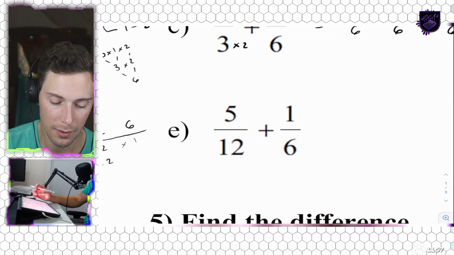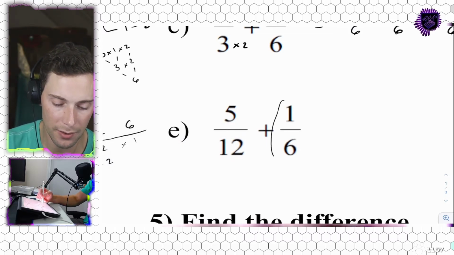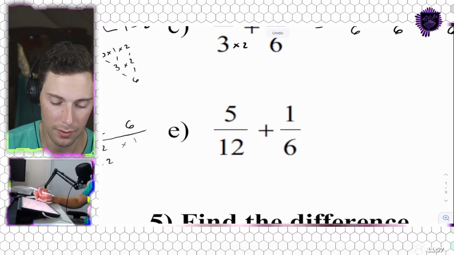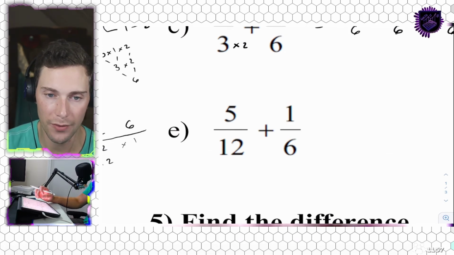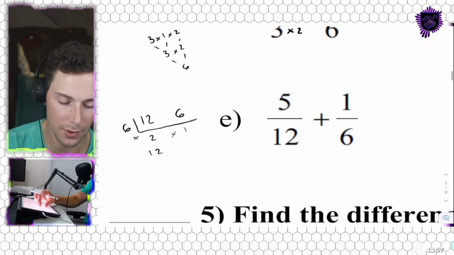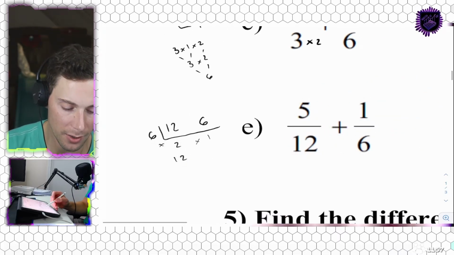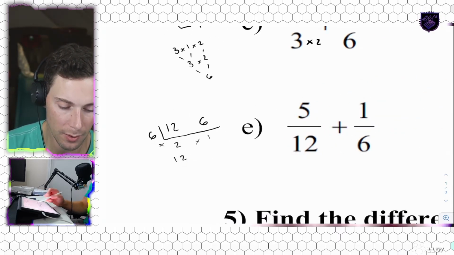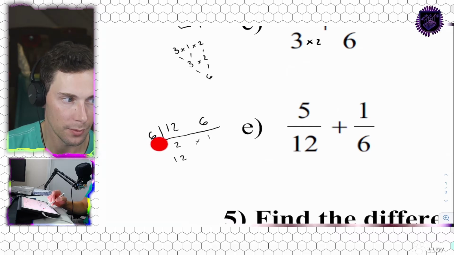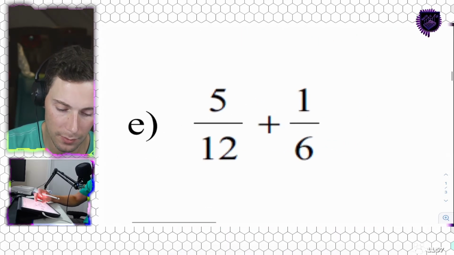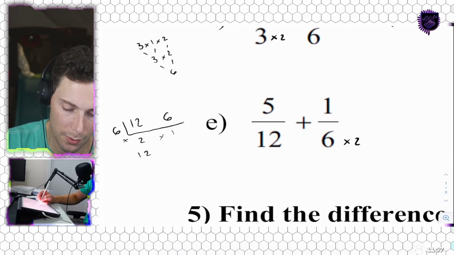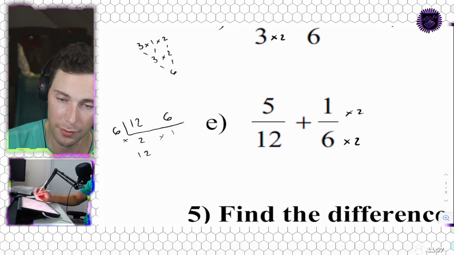And how do I turn this 1/6 into something in 12ths, right? So they have the same denominator. And we just did that here. We multiply it by 2. 6 and 12. So we're going to go times 2, times 2.